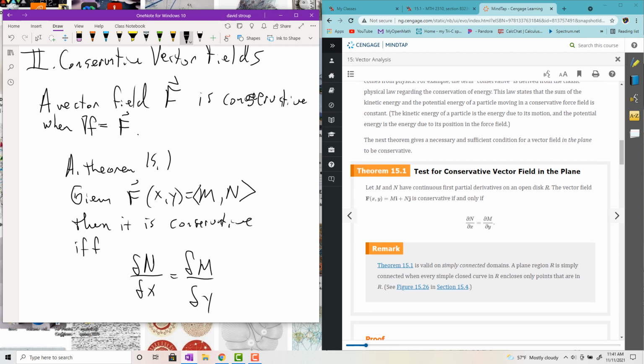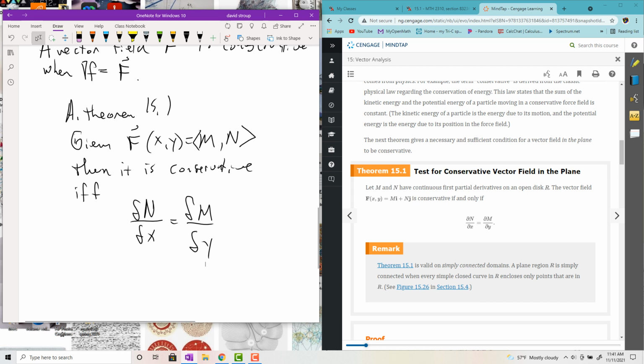And all this is saying is that the mixed partials are equal, which is something you learned earlier, given some nice characteristics of the derivatives, right?